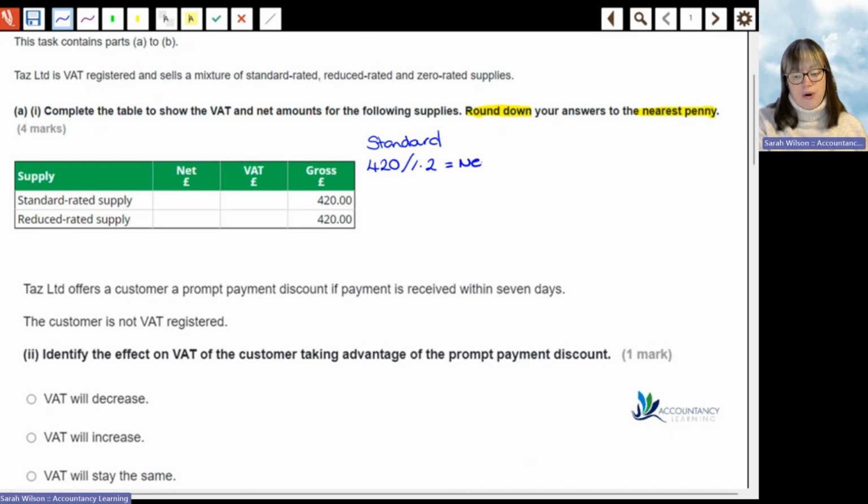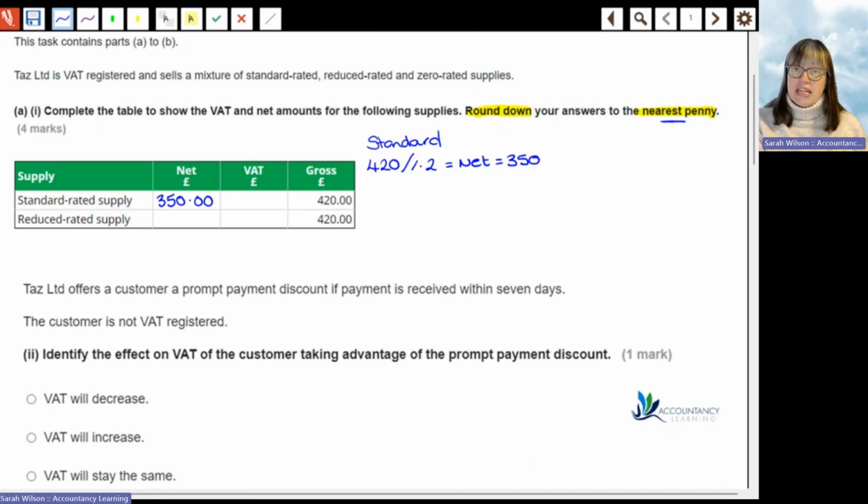And that's going to equal our net amount, which equals 350. So 350, don't forget nearest penny to put 2 zeros in as well.